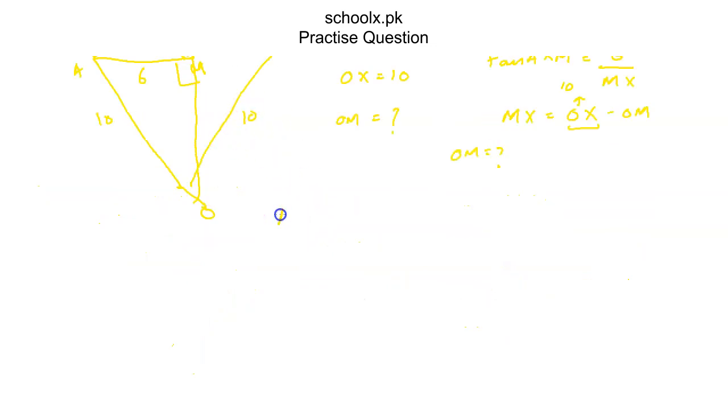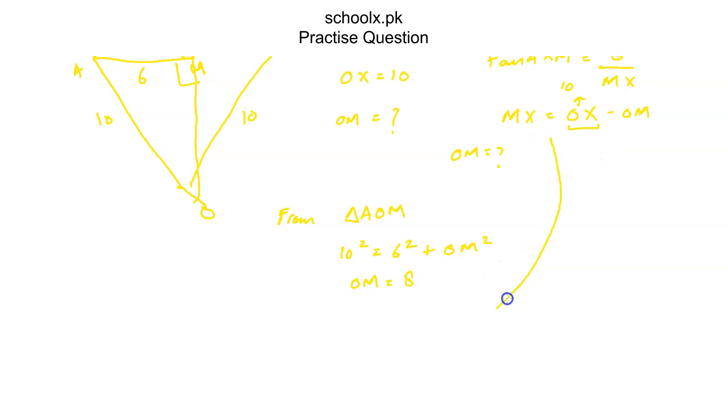So from triangle AOM, this is the hypotenuse of the triangle, this is the third side. So 10 squared equals 6 squared plus OM squared. If we compute this, we'll get OM equals 8.